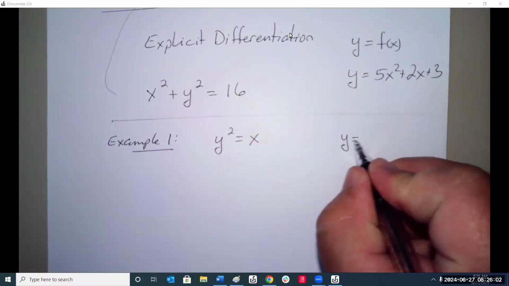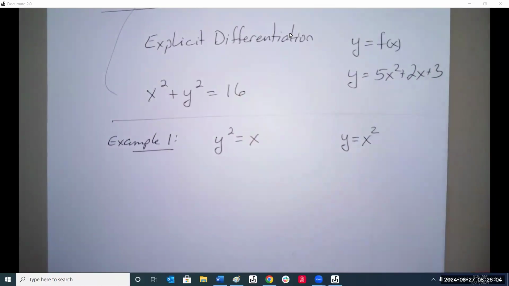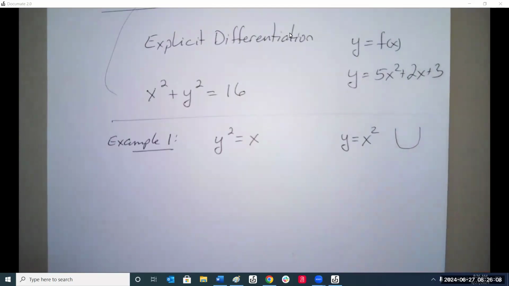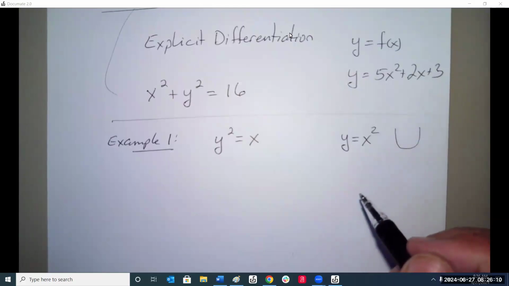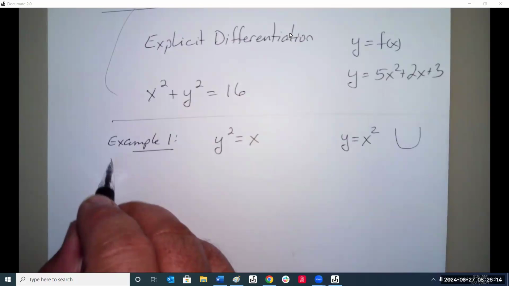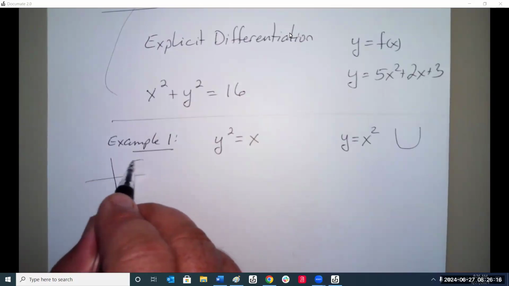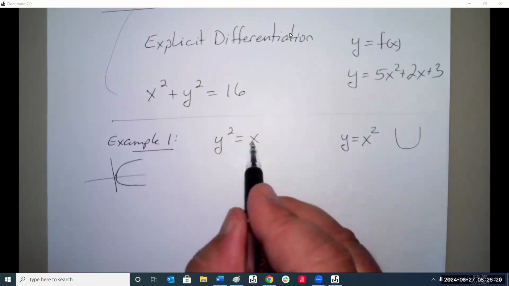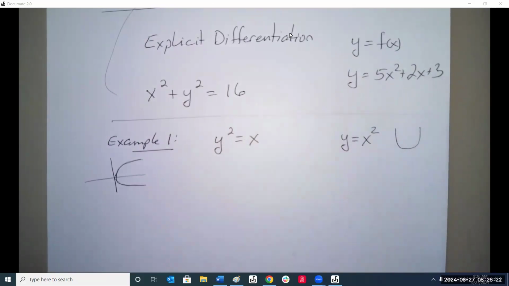Well, in our library of functions, we know that this is a parabola because of the squared. So if y is squared, then it goes to the side because x can be positive or negative for any one y value.